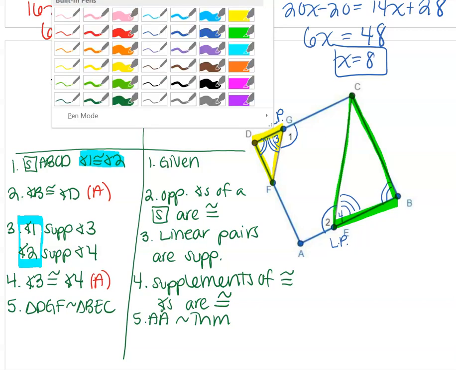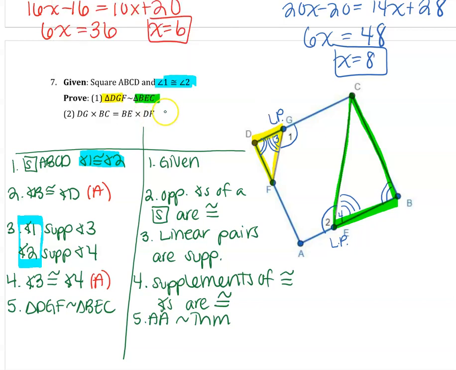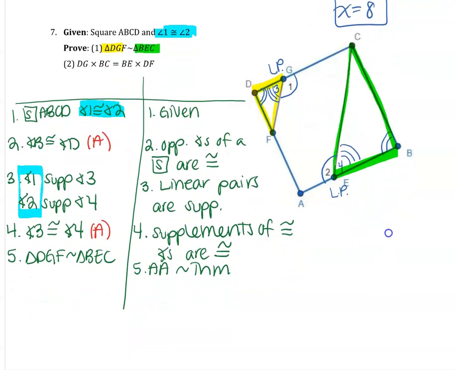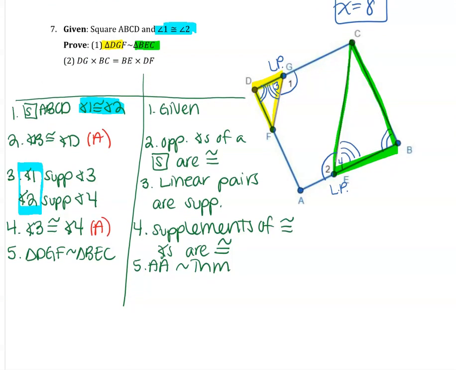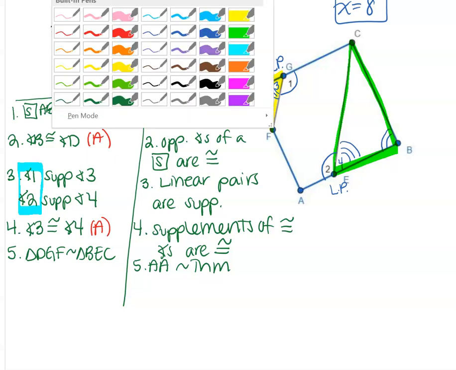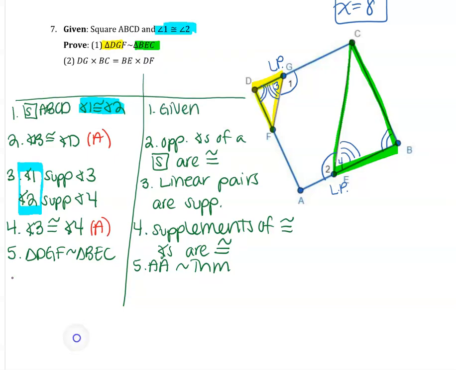As we discussed back on day 3 of our notes, to get to this cross product takes only 2 more steps. Okay? At step 6, I actually do this in a different color so they stick out. At step 6, we're going to have to write a proportion that would give me that cross product. So remember, you're going to put the things that are being multiplied opposite each other.